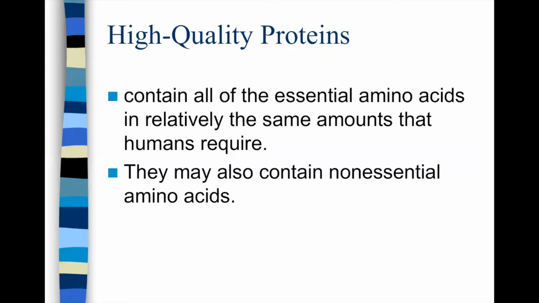So these are very, very high quality plant proteins. All plant proteins do have all of the essential amino acids. However, some plant proteins don't have some of these essential amino acids in high amounts for humans. Most animal proteins do have the essential amino acids in similar amounts that people need.